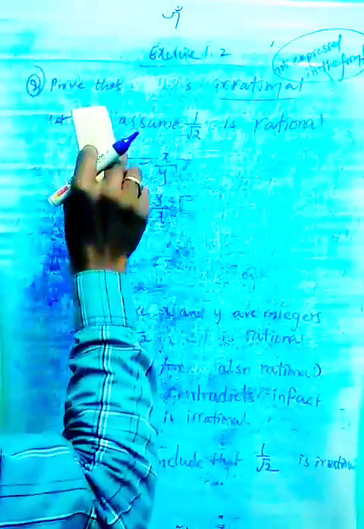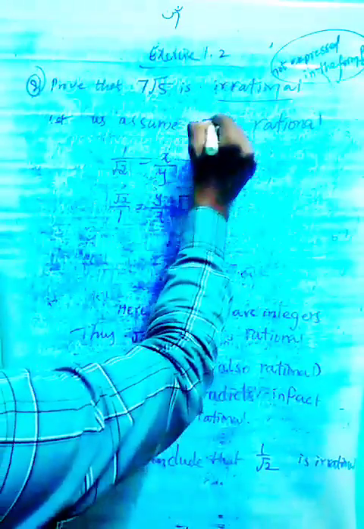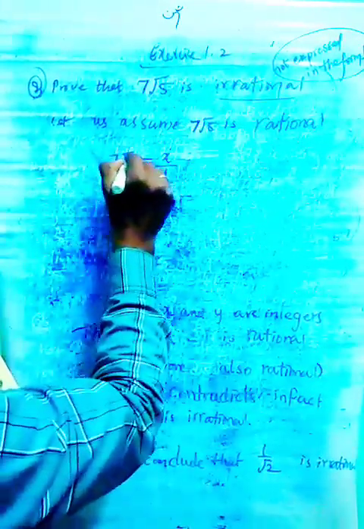The next question is question number 7 root 5. We want to prove 7 root 5 is irrational. Let us assume 7 root 5 is rational. So 7 root 5 is equal to x by y.